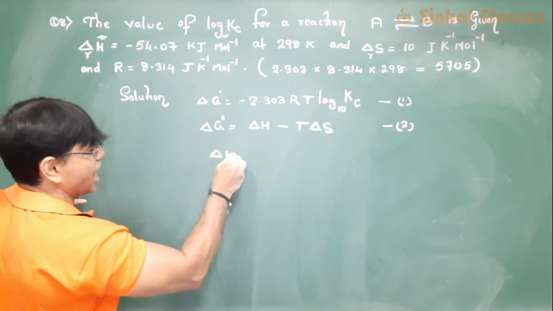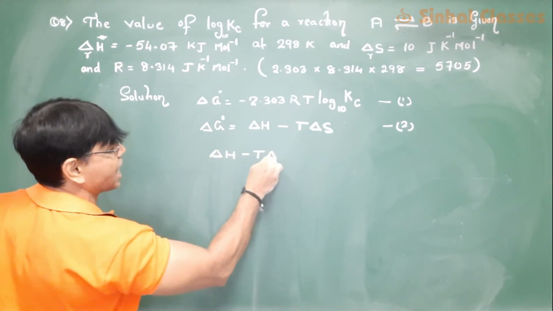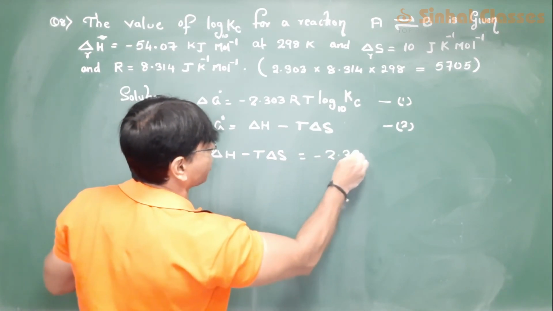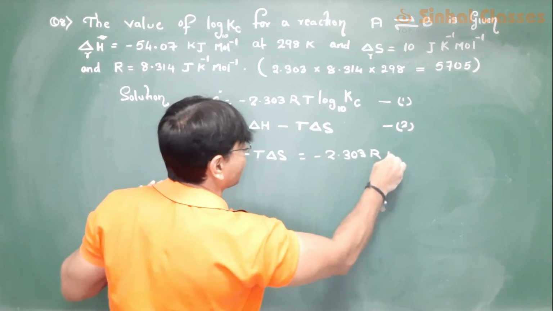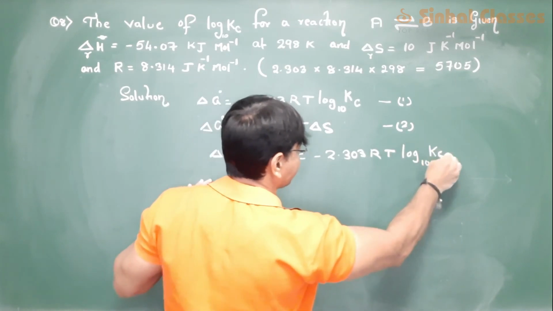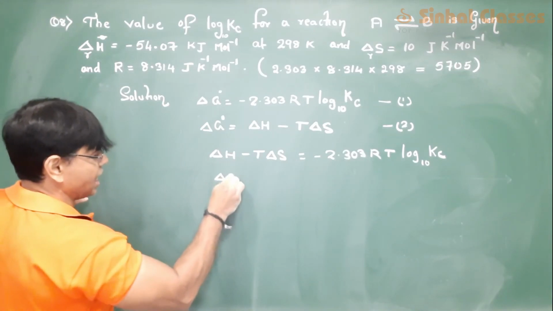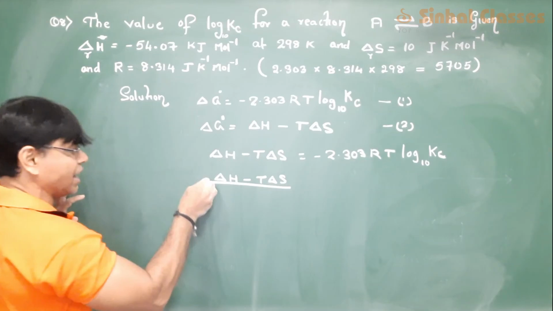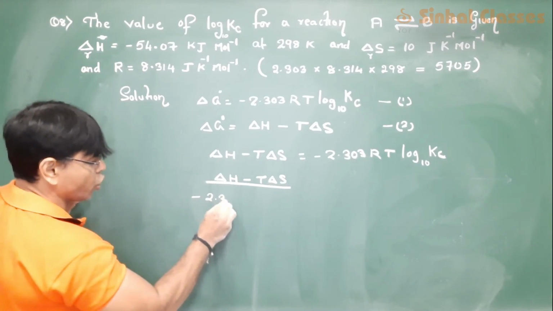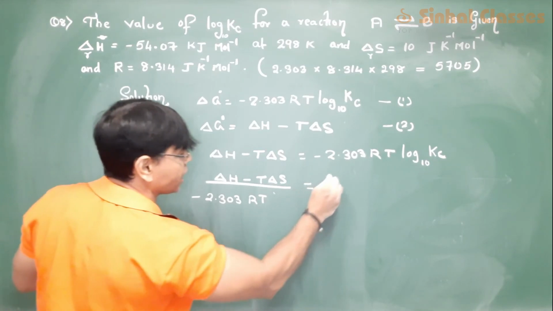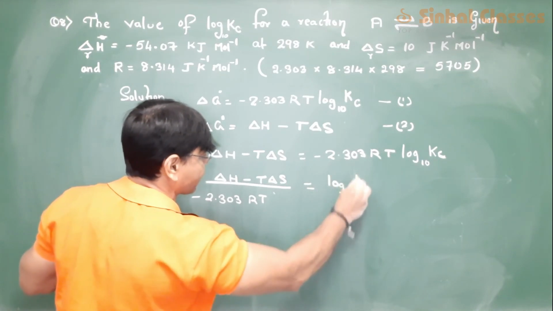So delta H minus T delta S should be equal to minus 2.303 RT log Kc. So delta H minus T delta S divided by minus 2.303 RT should be equal to log to the base 10 of Kc.